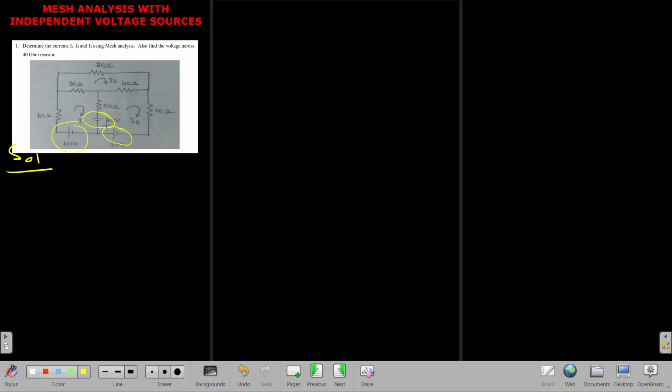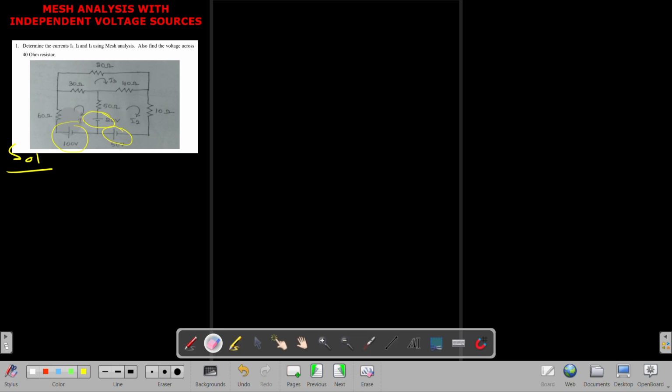A mesh is nothing but a closed path which does not contain any other closed path within it. So we have a total of 3 closed paths, that is, 3 meshes. I can take this as mesh number 1, this as mesh number 2 and this as mesh number 3.